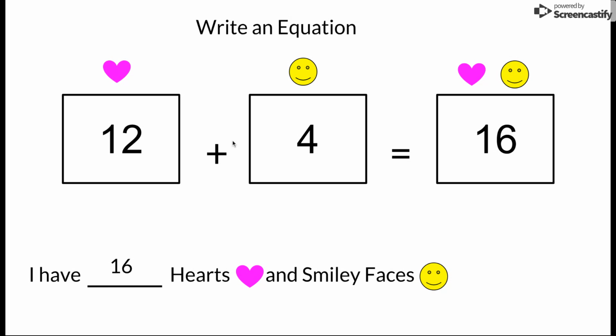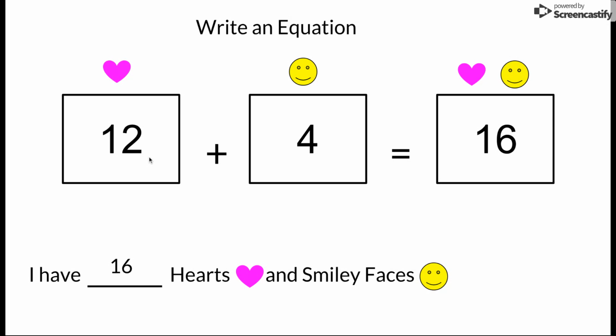And then again, reiterating these symbols, addition here. So we're adding the number of hearts to the number of smiley faces, and it equals the total, the equal sign is 16. So there are a total of 16 hearts and smiley faces.